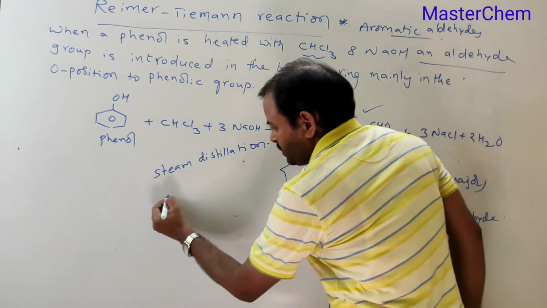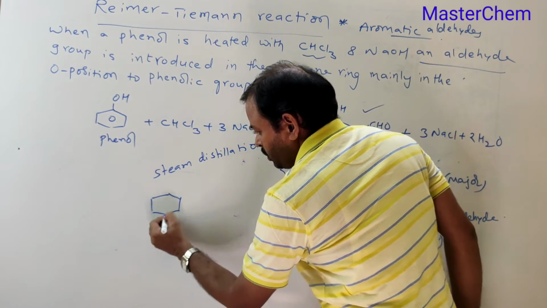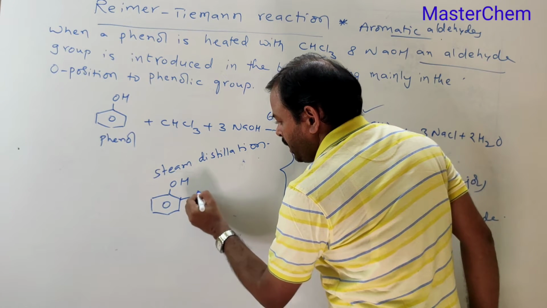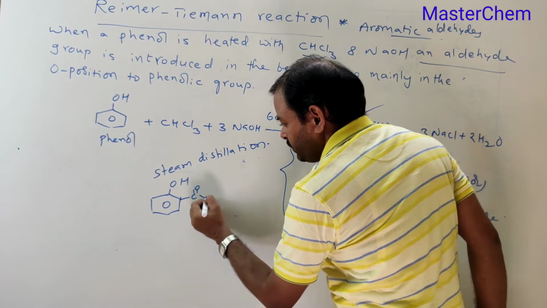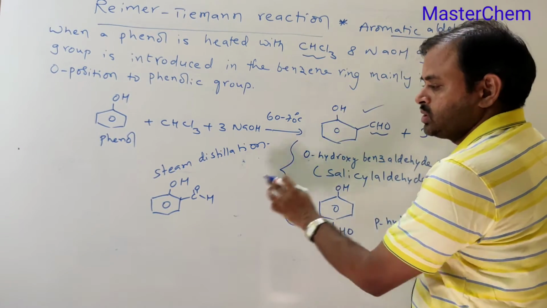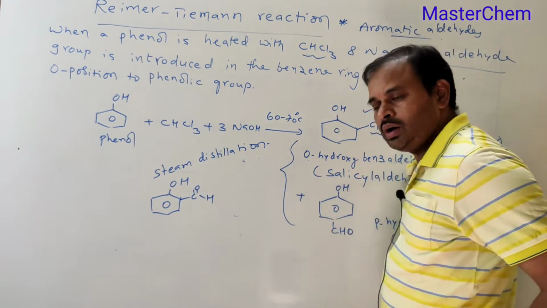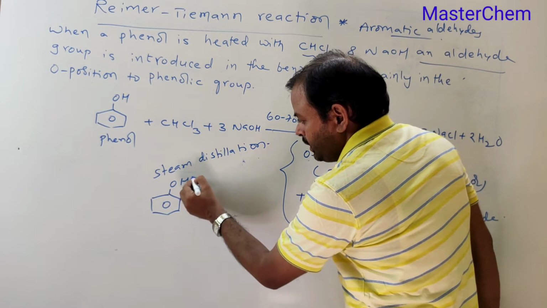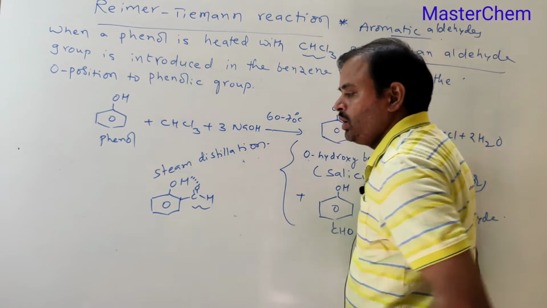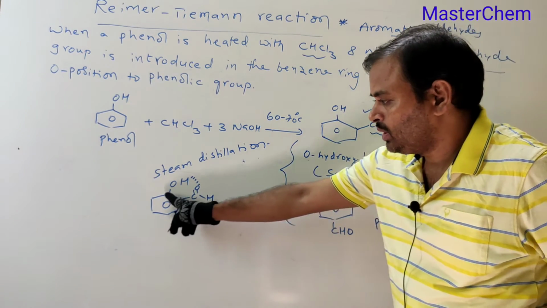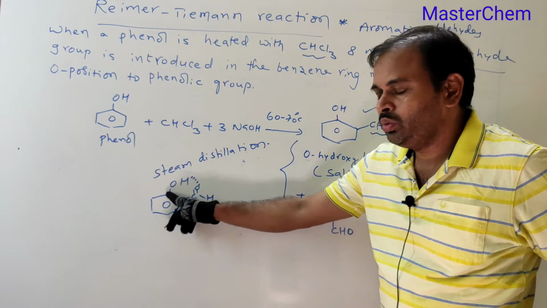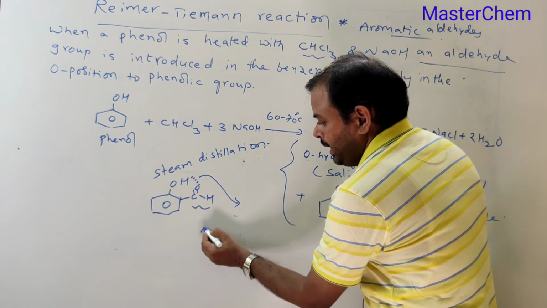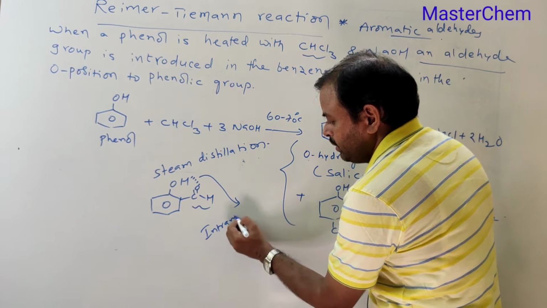The first one is the ortho compound, with OH and, at the ortho position, the aldehyde group C double bond O H. Now there is intramolecular hydrogen bonding, because only two groups are at adjacent positions.